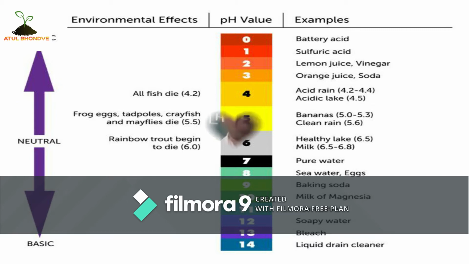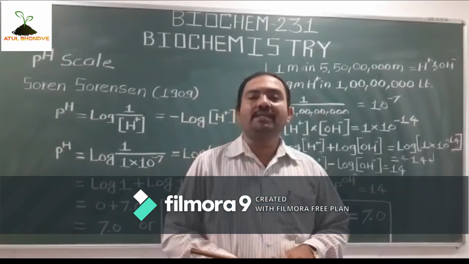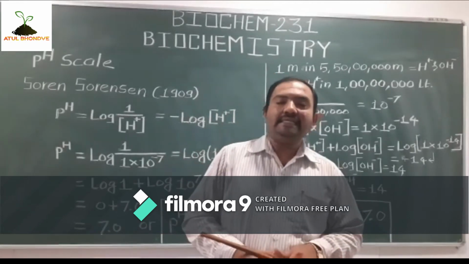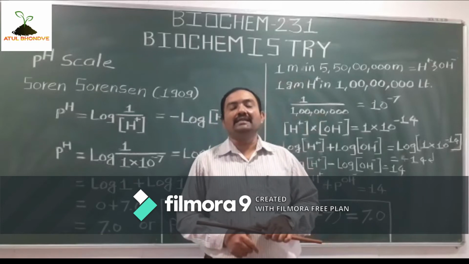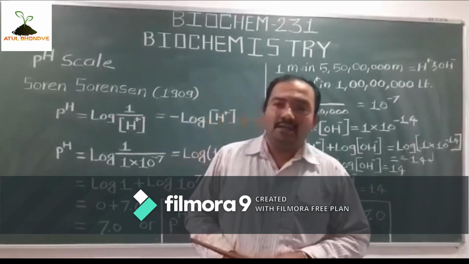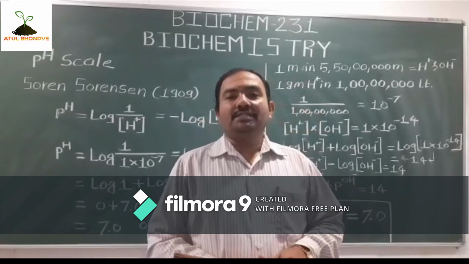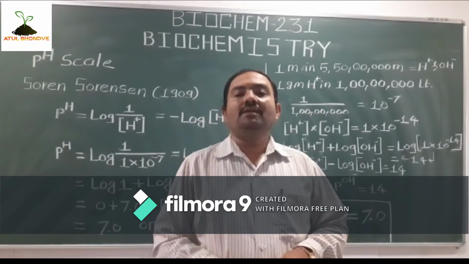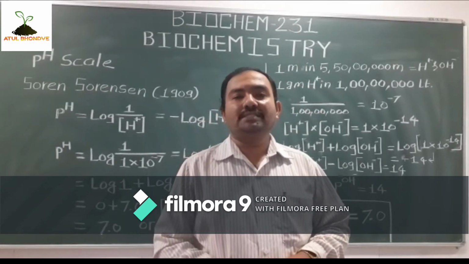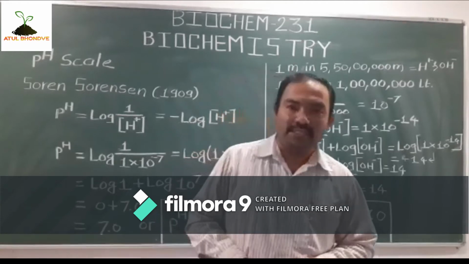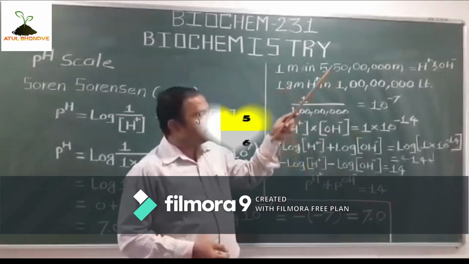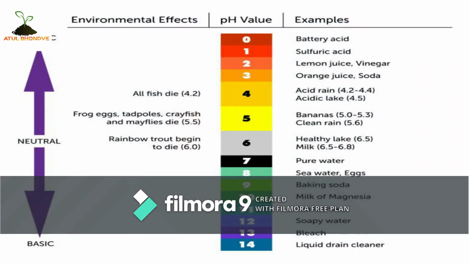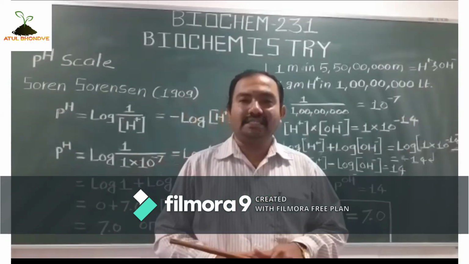In the case of Coca-Cola, or cola in particular, the pH is about 3.3, and in the case of NaOH it gives a strong basicity, about pH 12 to 14. Likewise, the pH scale is represented with this image. This slide is showing the pH scale.